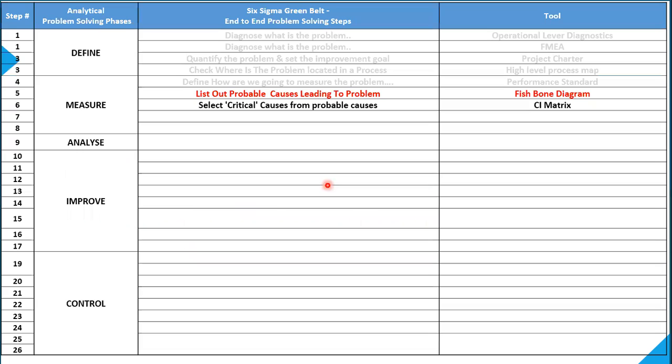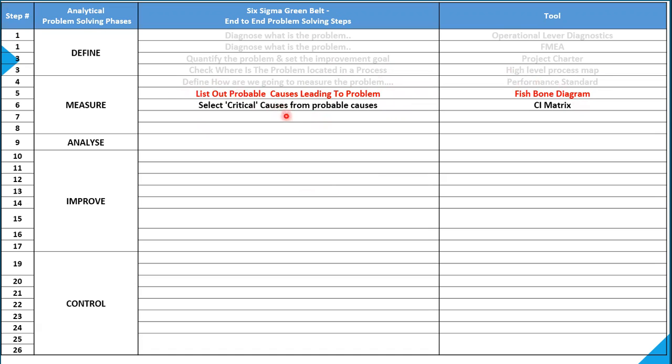This is how we are done with step number 2 in the measure phase. We started with listing out probable causes leading to the problem in the fishbone diagram, and we now categorize different causes or sub causes for that matter. Not only causes, even sub causes as well, as we have seen in the third example, right? So we started with defining how we are going to measure the problem through performance standard.